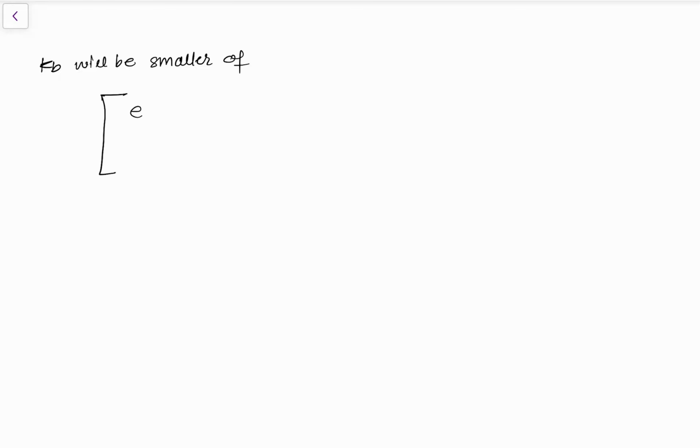This should be E upon 3 into DO, P upon 3 into DO minus 0.25. Third one is FUB upon FU, and the fourth one is unity. So among all these four values, whatever is the minimum value, the KB should be considered as that.